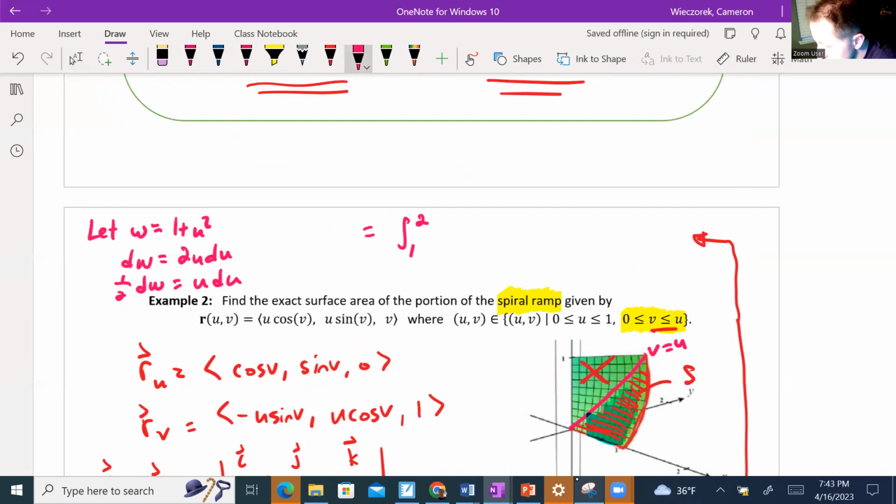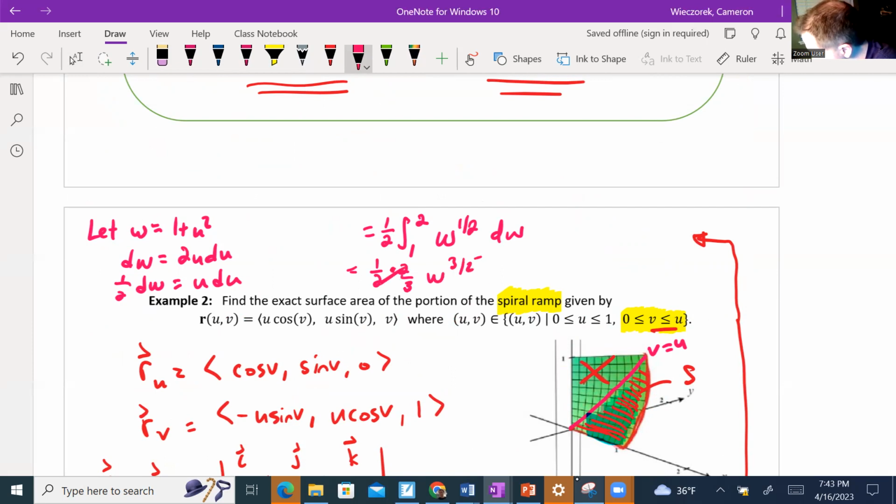There we go. Pull our 1/2 out front, and I'm left with square root of w, or w to the 1/2 dw. So I get 1/2, raise and divide. Raise the power by 1 would be 3/2. Divided by 3/2 would be times 2/3. Cross those out.